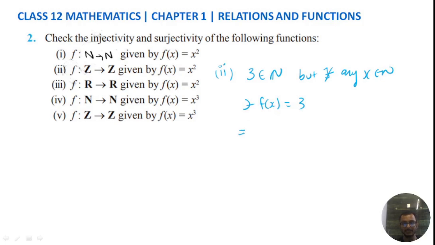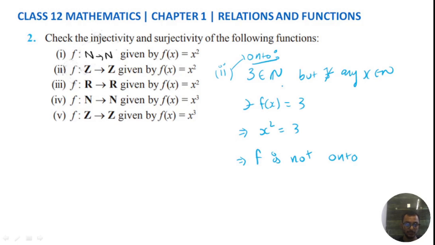Why am I saying this? Because f of x is x square. There does not exist any natural number whose square is 3, because 3 is not a perfect square, right? So we have found one point in the codomain for which there does not exist any pre-image. Thus the function is not onto.